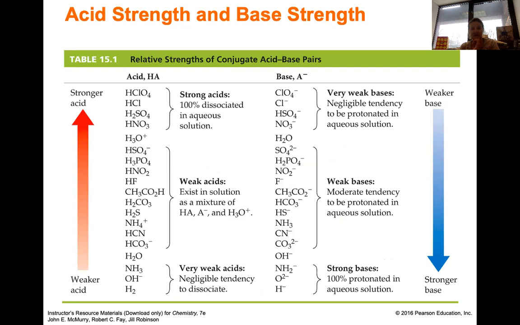Because if you think about it, if something like HClO4 or HCl completely dissociates in water, then it's not very likely that the conjugate base, the ClO4 minus or the Cl minus, would pick up a proton and go the opposite direction. So strong acids have very, very weak conjugate bases, and weak acids have strong conjugate bases.